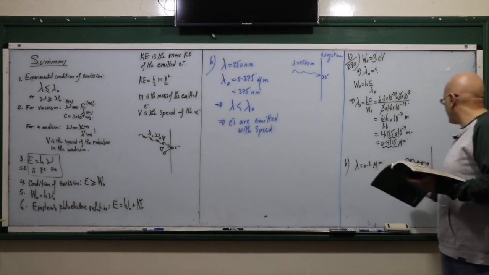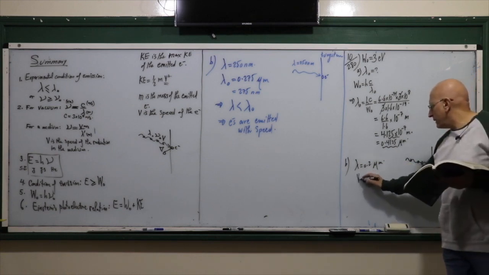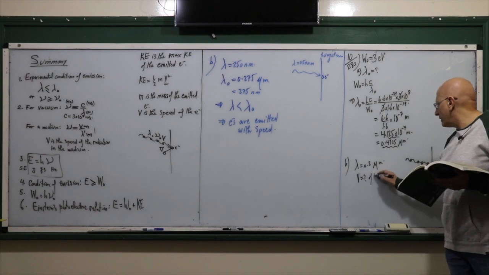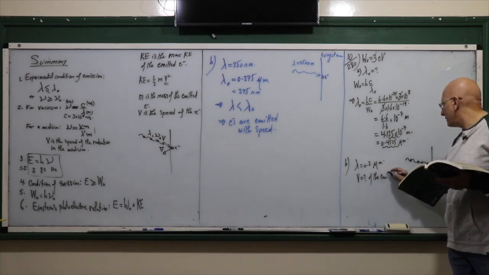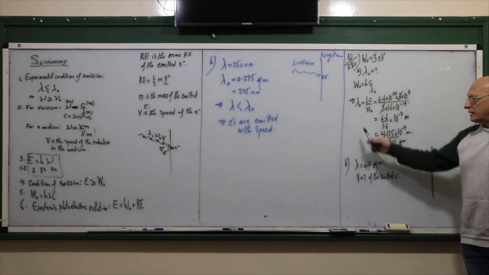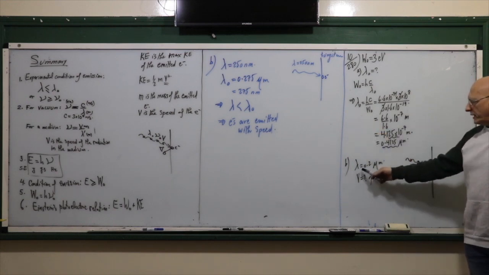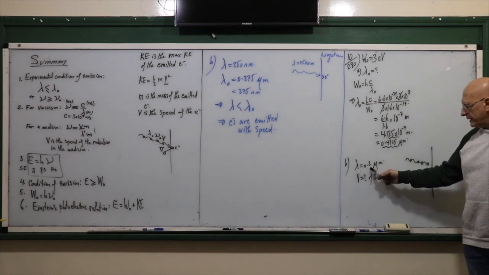He wants the speed of the emitted electron. Look here first. As you see, lambda node is 0.4125, and lambda is 0.2.